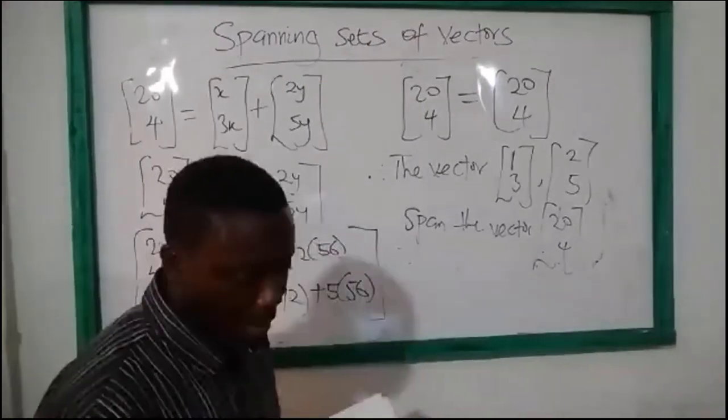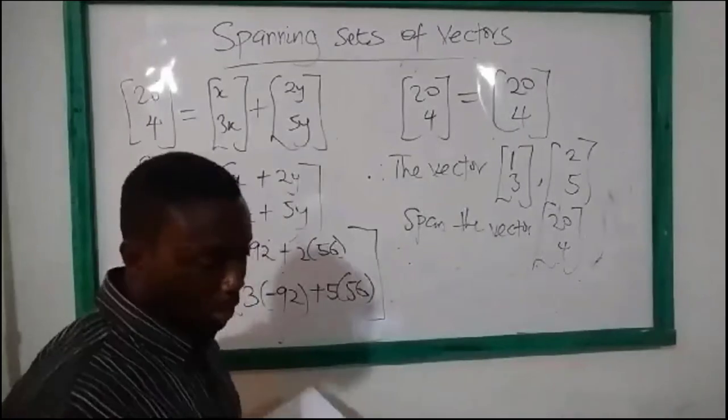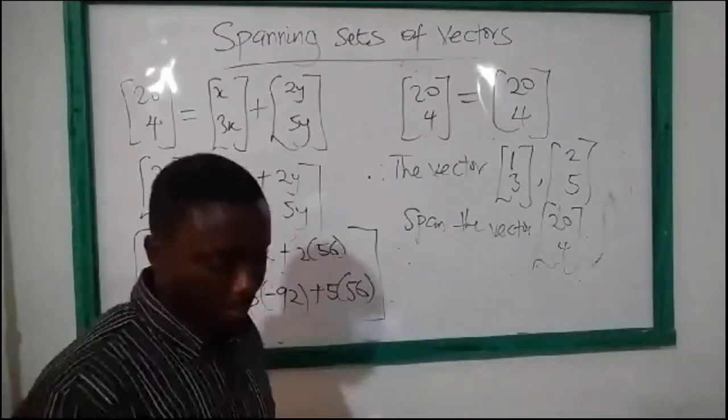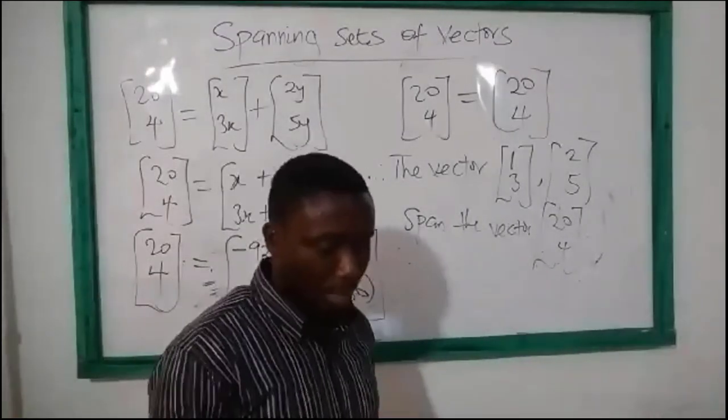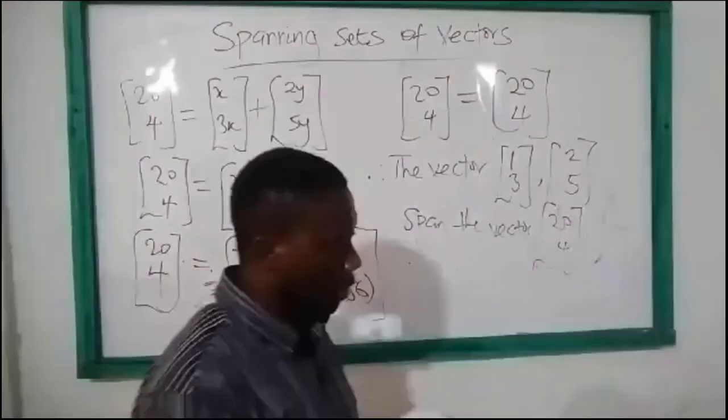So if you have any question with regards to this example, you can now ask. You can raise your hands, and then you will be unmuted and you can ask your question.